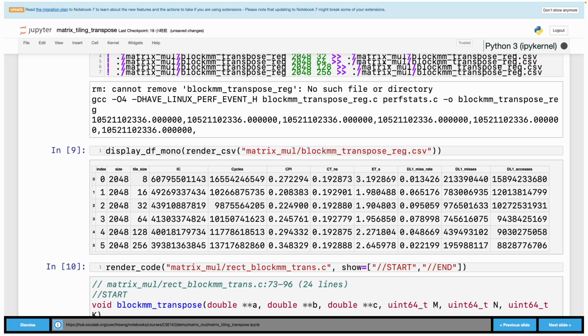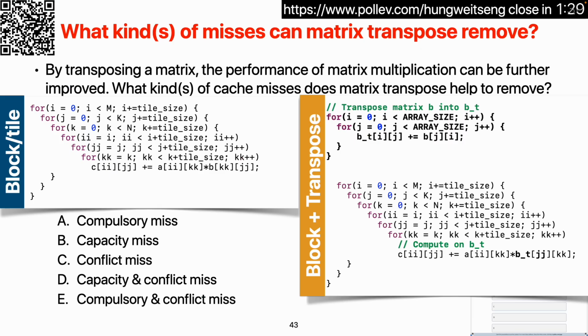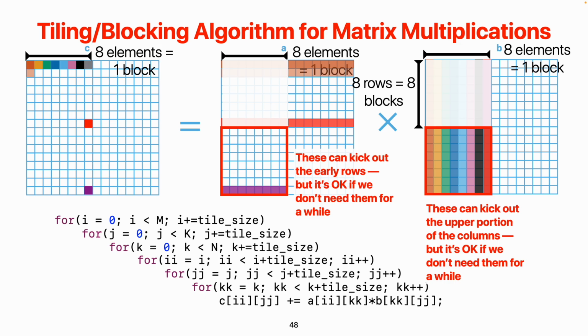Think about this. Right now, you don't have conflict misses. So what determines if you are going to have a miss or not? The capacity. So what that means is that if we use matrix transpose, it helps us eliminate all the conflict misses.